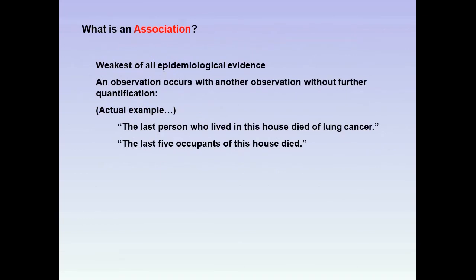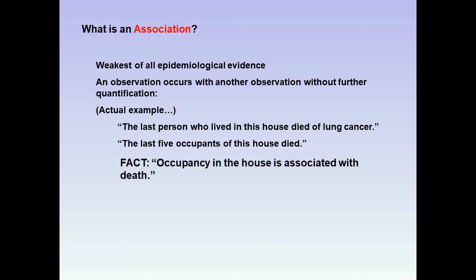We mentioned the word association. What do we mean by an association? Well, it's the weakest of all epidemiological evidence. What it means is simply an observation occurs with another observation without further quantification. For example, the last person who lived in this house died of lung cancer. The last 5 occupants of this house died.